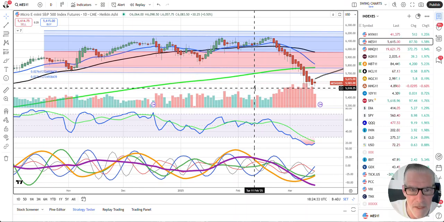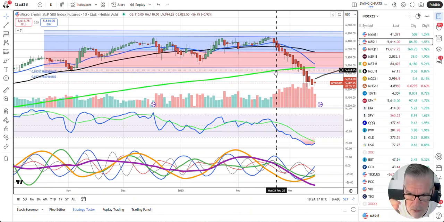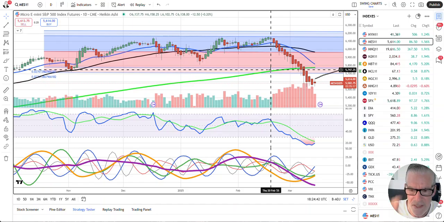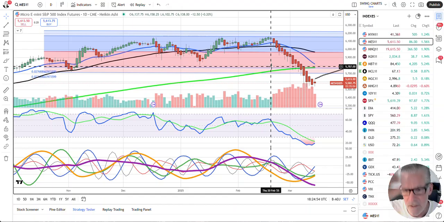Every bar you get opens in the candlestick, not in the actual price, but in the candlestick, at the average price of the previous bar's open, high, low, and close. You take those 4 data points, take an average of those, and that's where the subsequent bar opens.